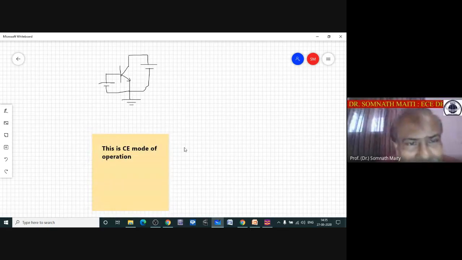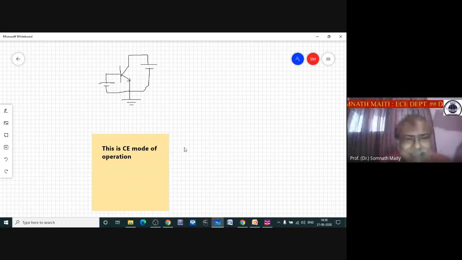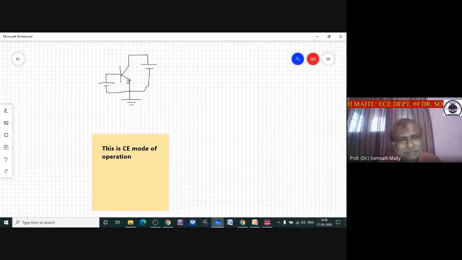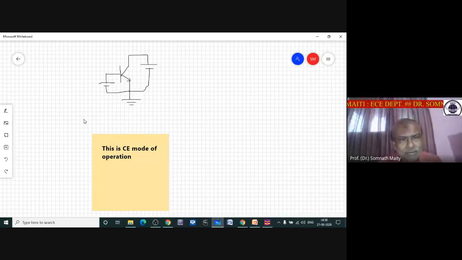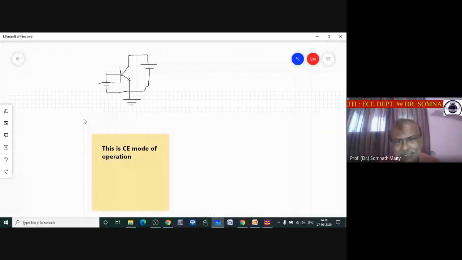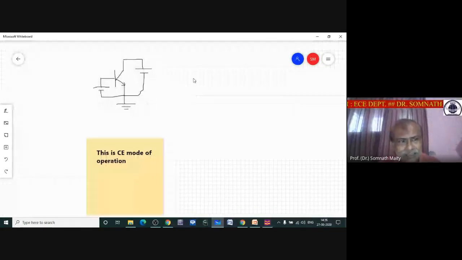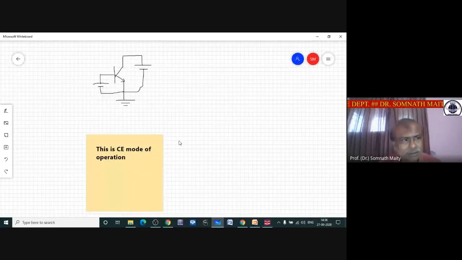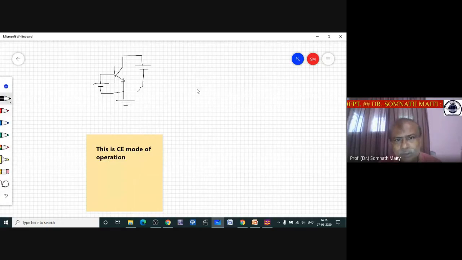Now, if you say what should be the common collector, it will be the same. Only thing, you reverse the polarity. You do one thing. This is the emitter. It will go up, and collector.